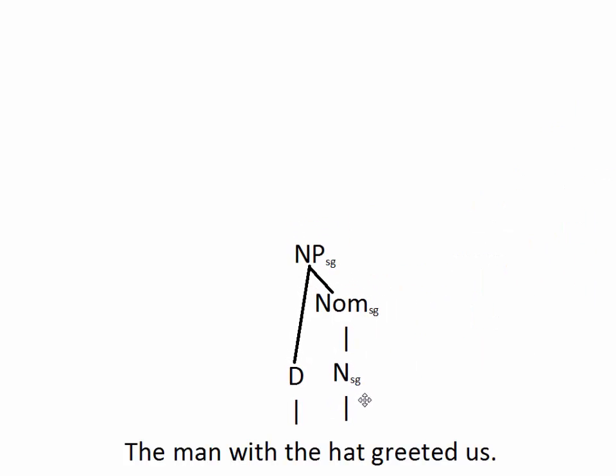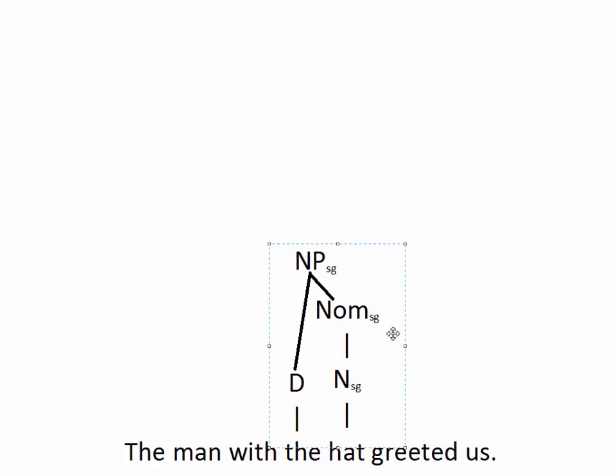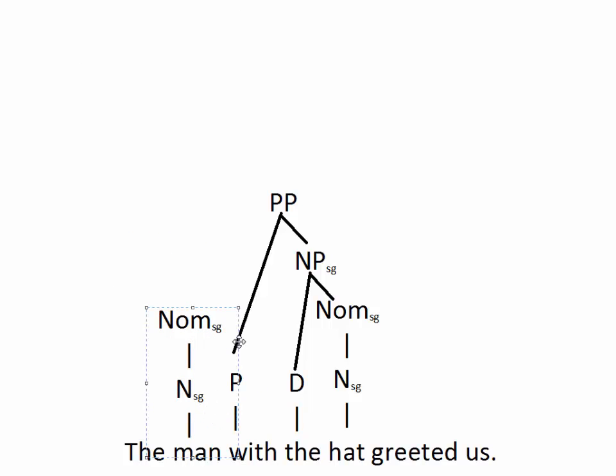All right, so we'll have this noun phrase with the structure presented here. And of course, the preposition will combine with the noun phrase to make a prepositional phrase, like this. Once we have the prepositional phrase built up, then we can combine it with the nominal produced from man, and make a bigger nominal, as we see here.